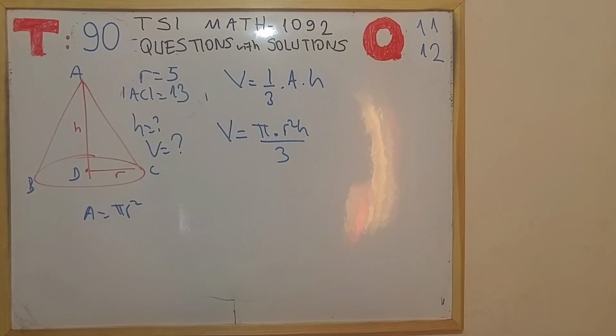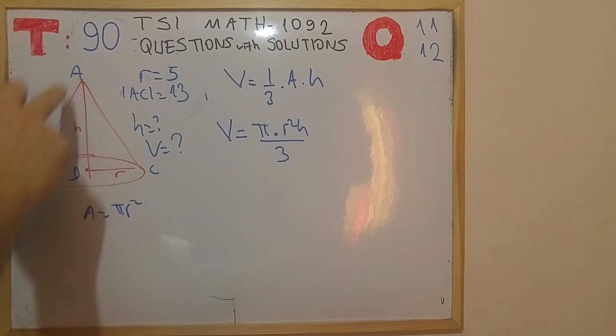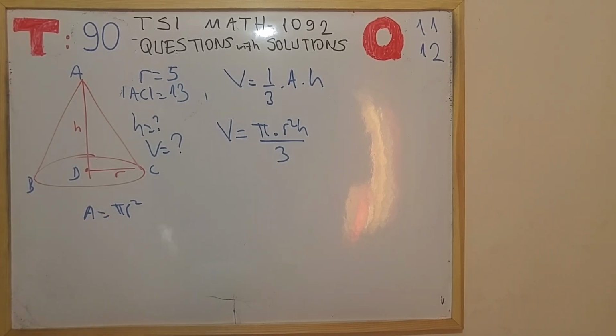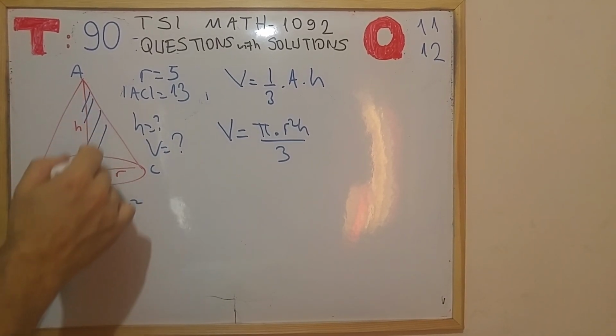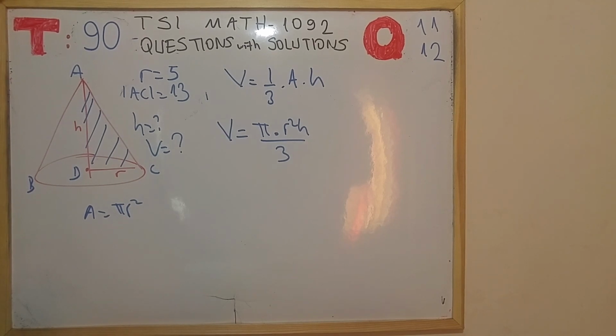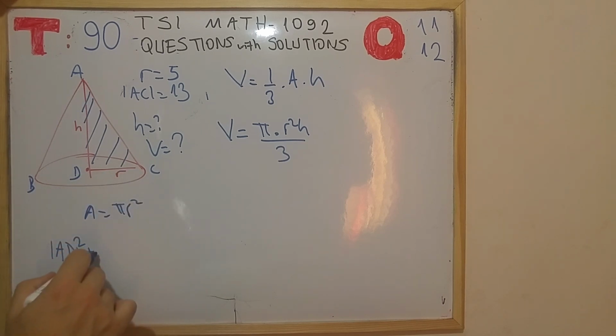Two questions in a row. What we are supposed to find first is the height of this cone. And as you see, there is a right triangle here, so I can apply the Pythagoras theorem. So AD squared plus DC squared, that is r squared, is equal to AC squared.